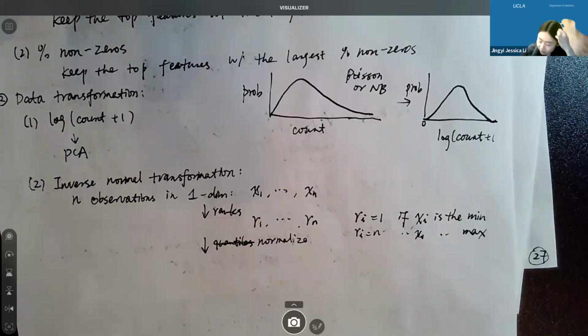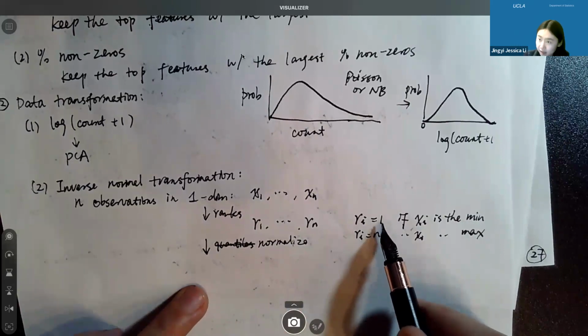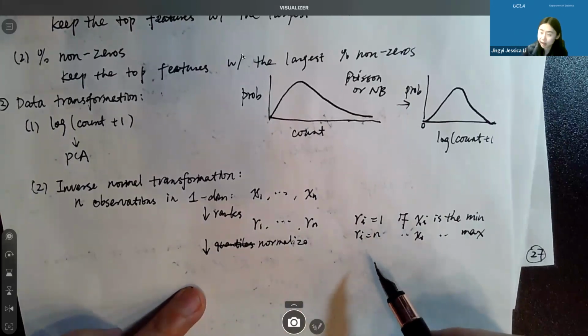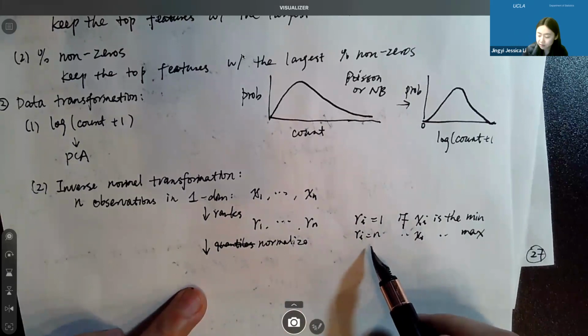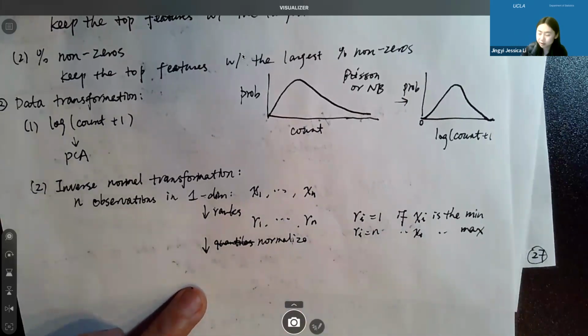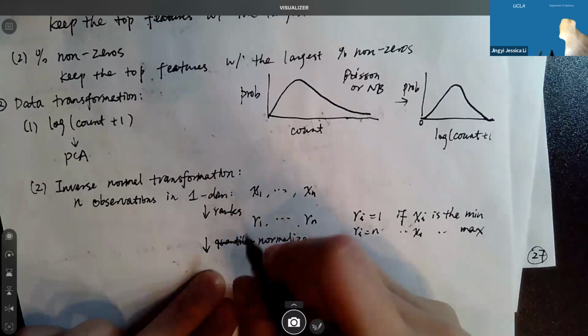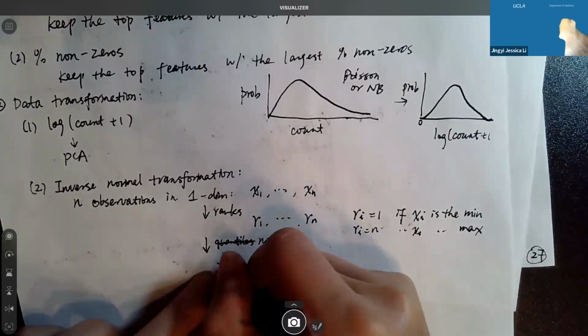I want to avoid that. So for the smallest rank, it's not 0, it's 1, that's okay. But for the largest rank, if I divide it simply by n, I would get a 1. And when I convert 1 into the quantile from the normal, I will have that positive infinity problem. So therefore, here what we do is divide each by n plus 1.